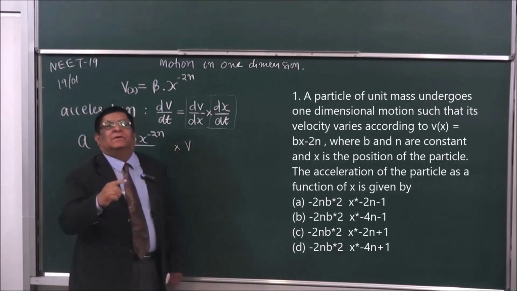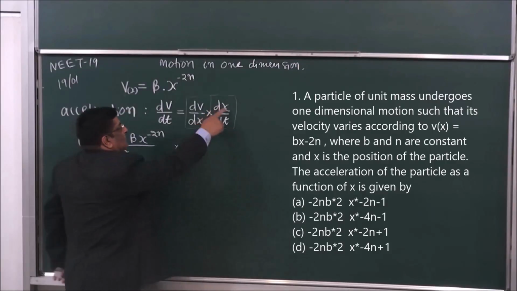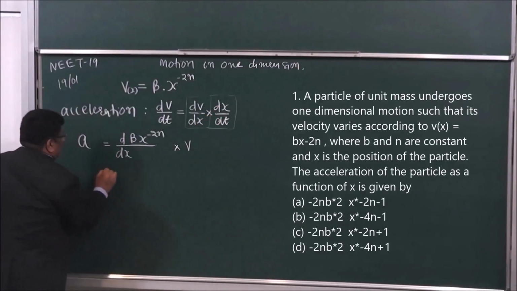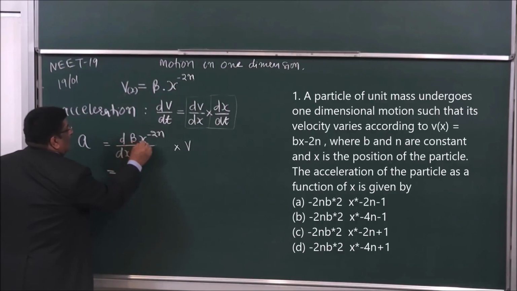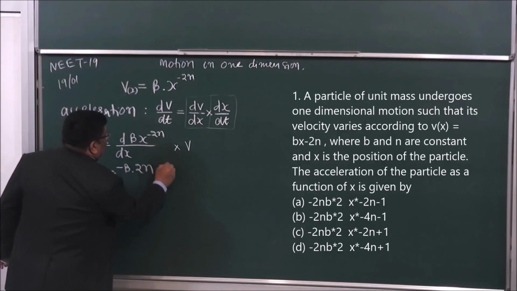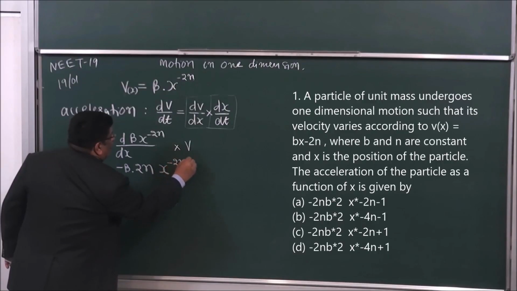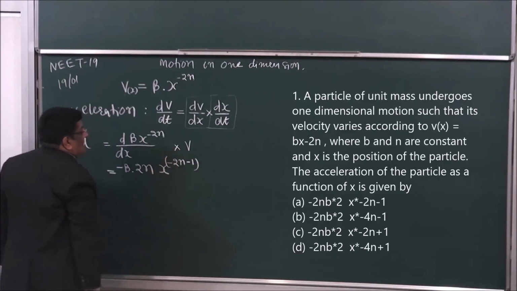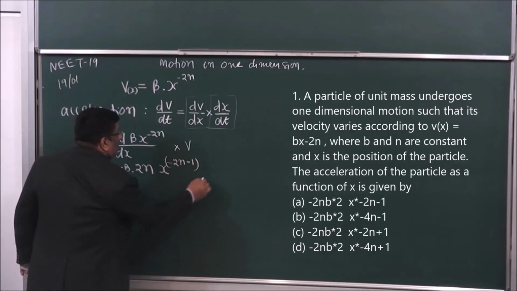Velocity is dx by dt, so for dx by dt we have written v. So this is equal to d by dx of beta x to the power minus 2n, okay, beta is a constant, and this gives minus 2n into x to the power minus 2n minus 1, and this is to be multiplied by v.